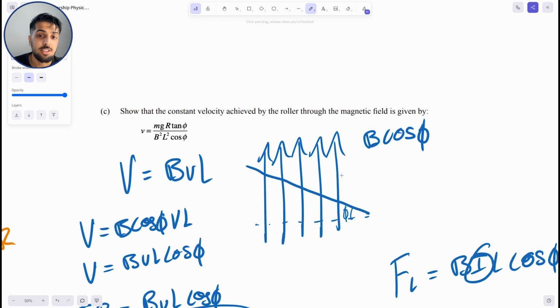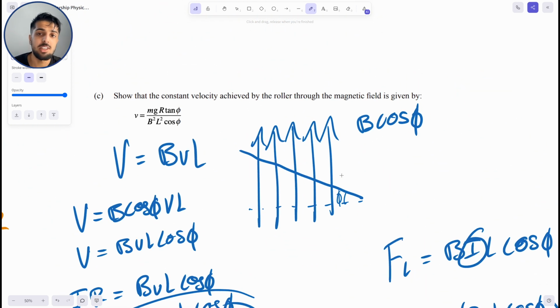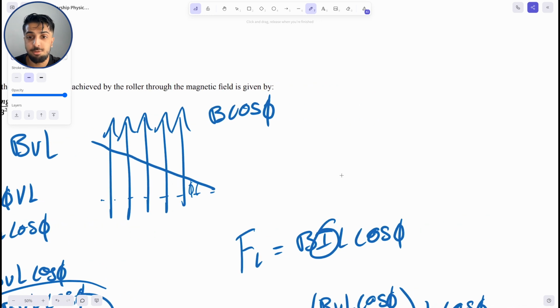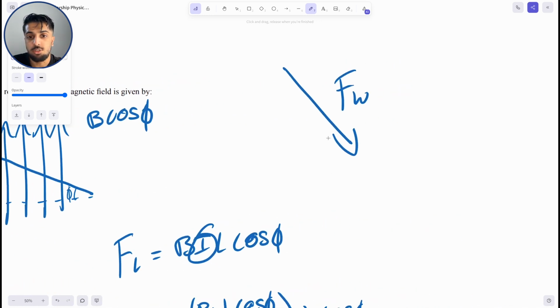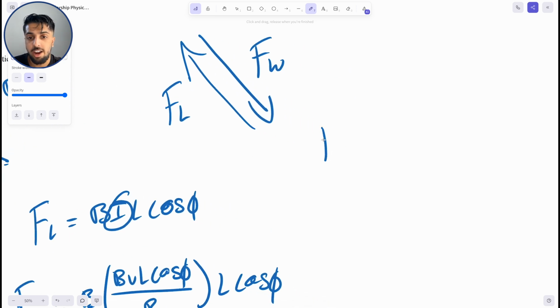Now again, as this roller is moving at a constant velocity, there is no net force, and therefore the weight force down the slope must be equal to the force due to Lenz's law up the slope, and therefore our FL is equal to FW.